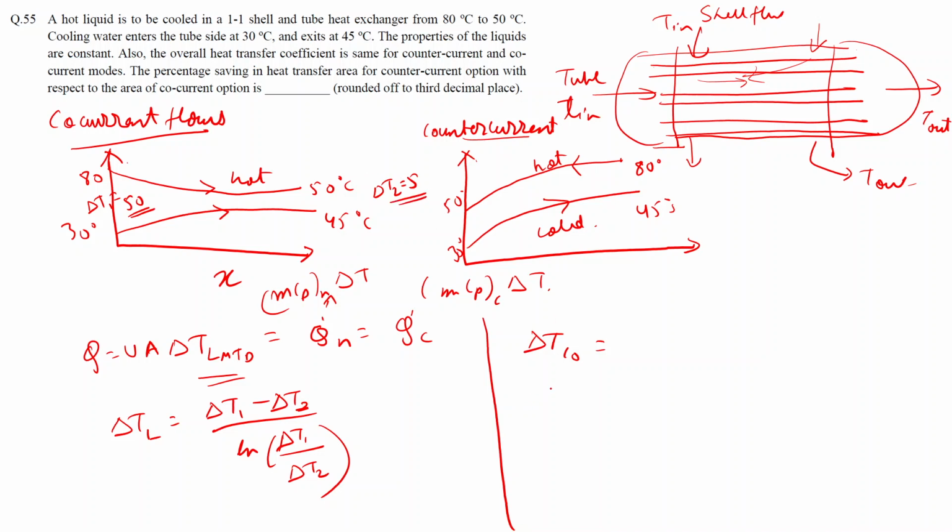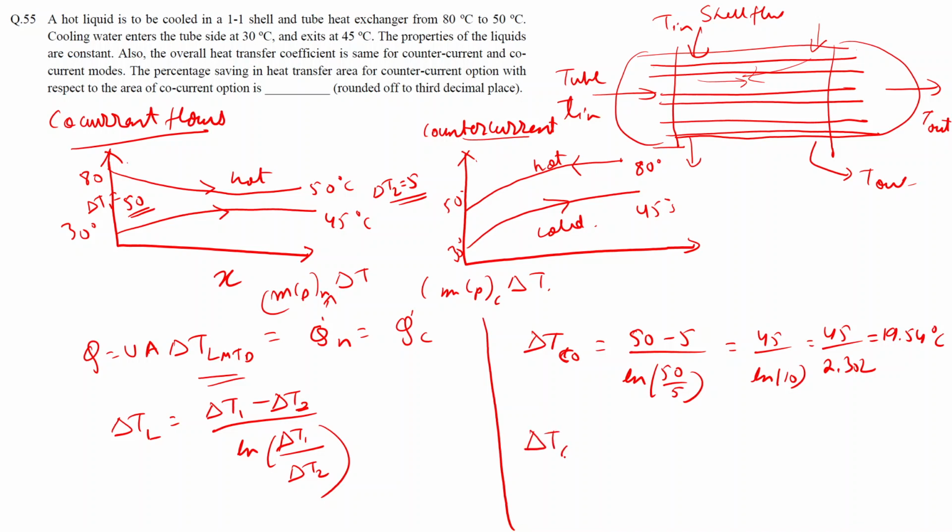So we can write the log mean temperature difference for co-current flow as 50 minus 5 on ln of 50 by 5. This we can write as 45 upon ln of 10, which is 2.302, and this will become 19.54 degrees Celsius.